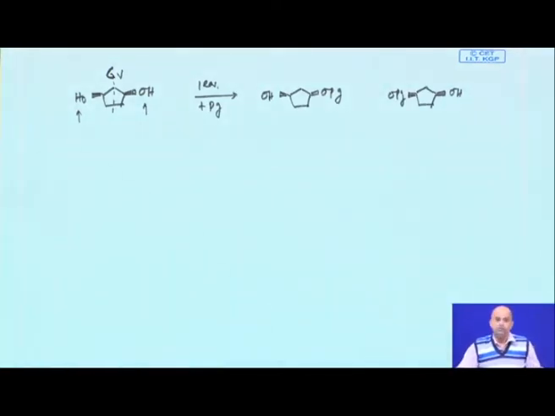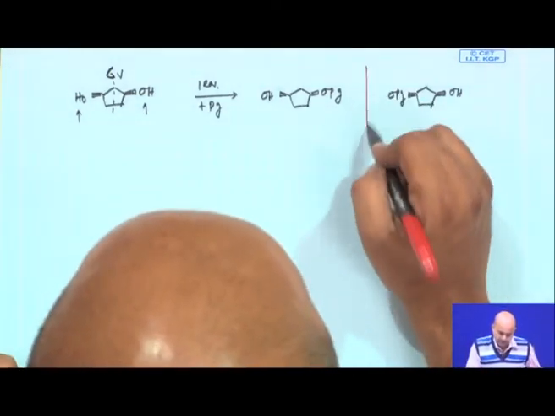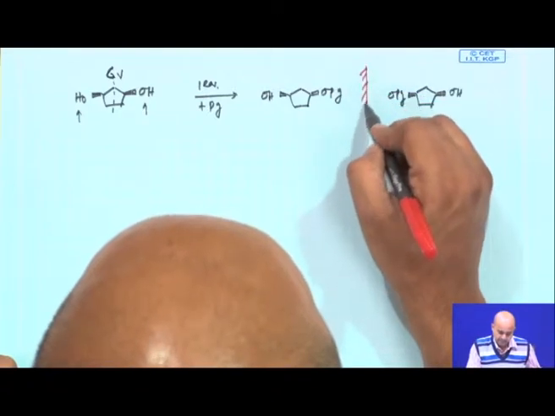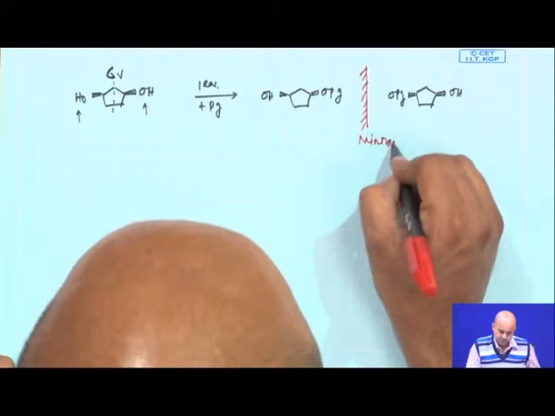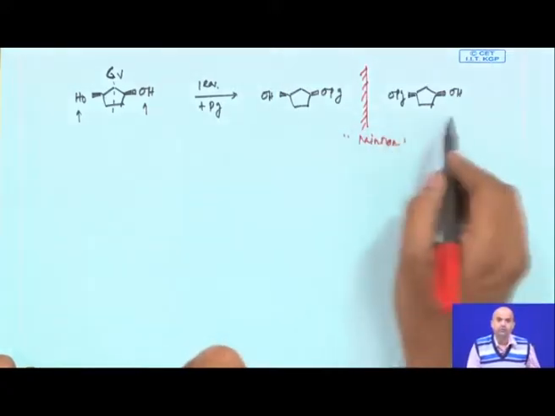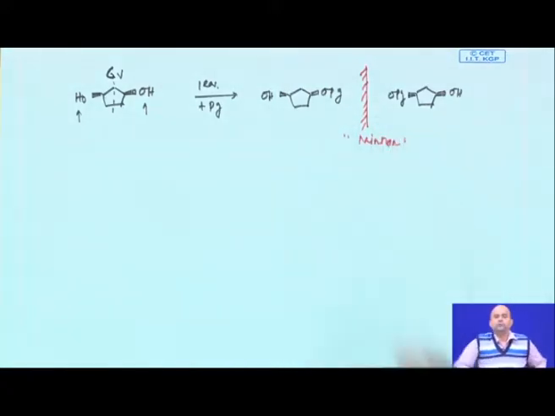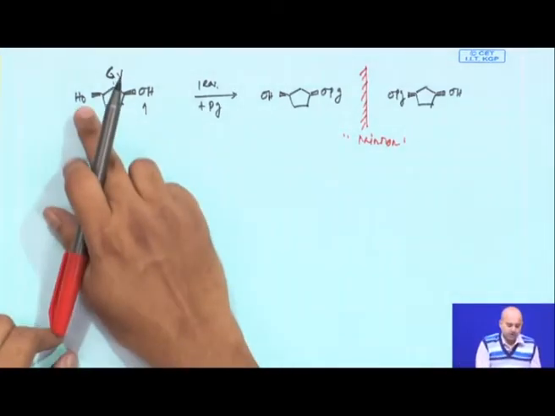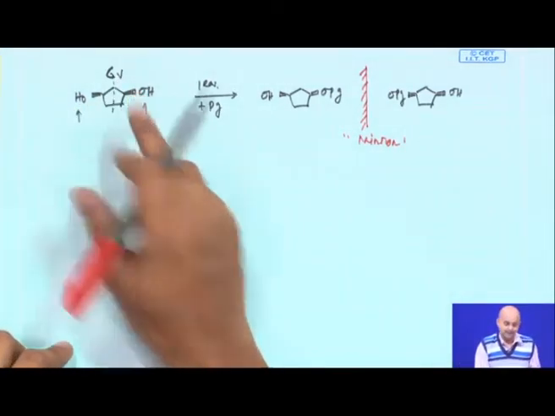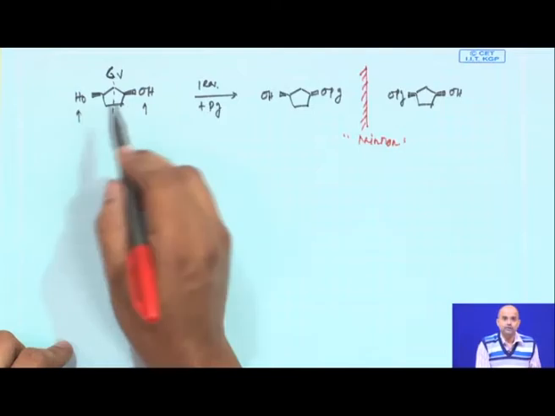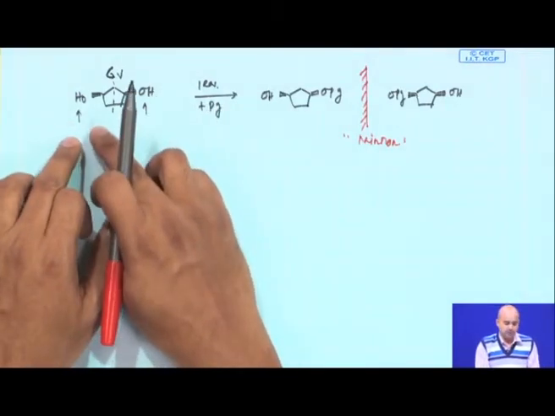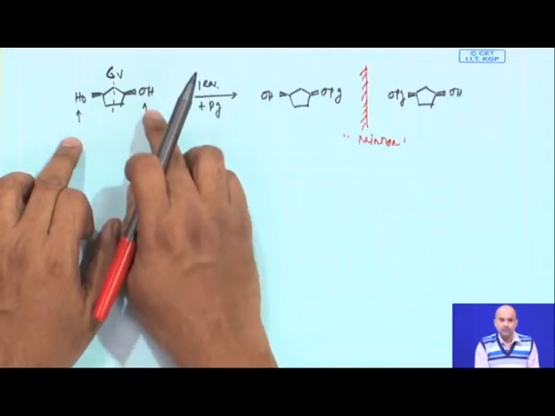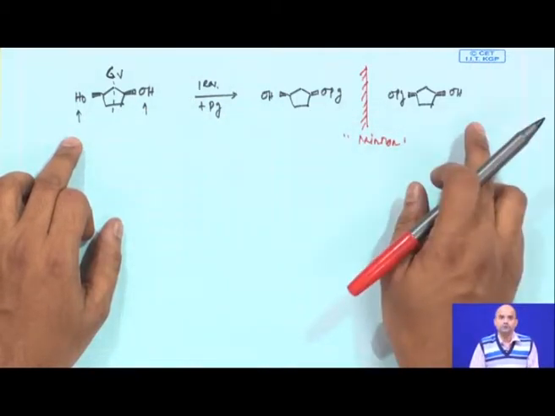Now, you put a mirror and you see these two compounds are enantiomers of each other. That is what I said: these two hydroxy groups are enantiotopic, and as these two groups are enantiotopic, selective protection of either group over the other will lead to enantiomers.